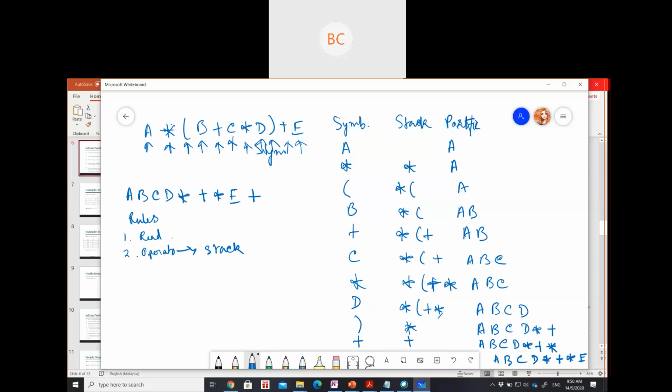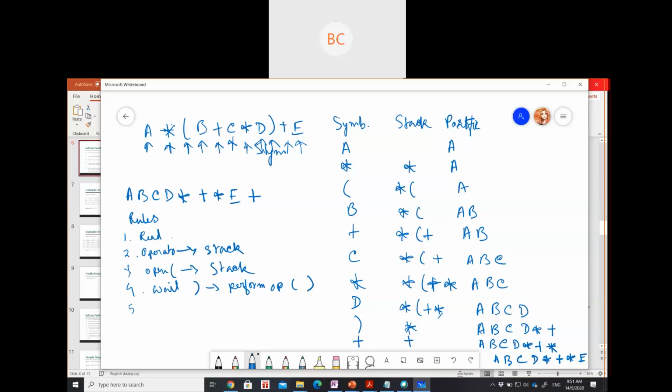Then if there is an incoming open parenthesis, then you again push it to the stack. Then you just wait for the closing bracket. So the moment you get a closing bracket, you just perform all the operations between these two brackets. Okay.